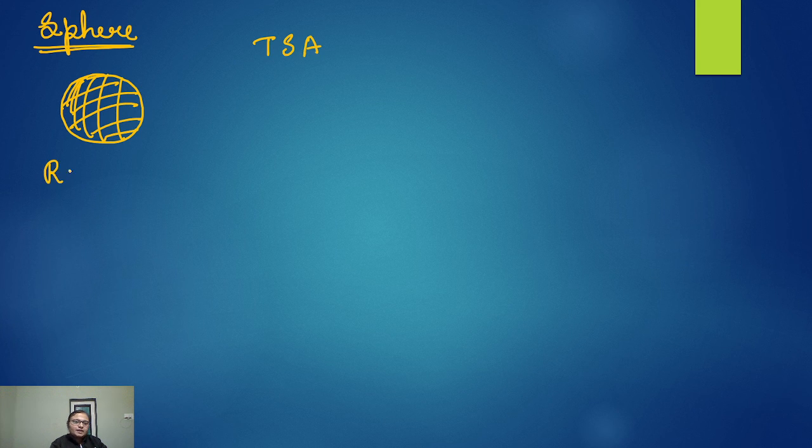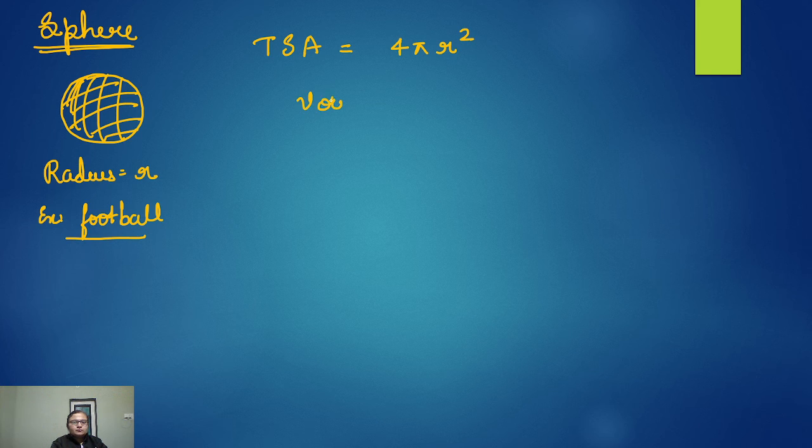Radius will be r. You can take the example of a football or volleyball for the sphere. Total surface area will be 4 pi r square, and volume you should remember, it is 4 by 3 pi r cube.